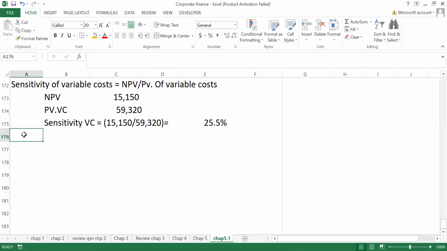I don't know if you have a question on that sensitivity. You can as well copy that conclusion for variable cost, I mean, write that conclusion.